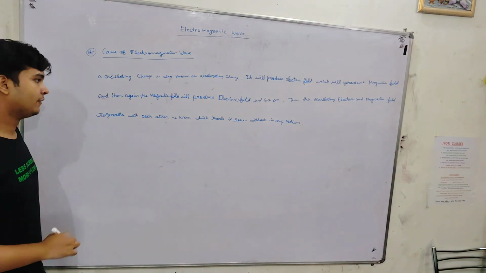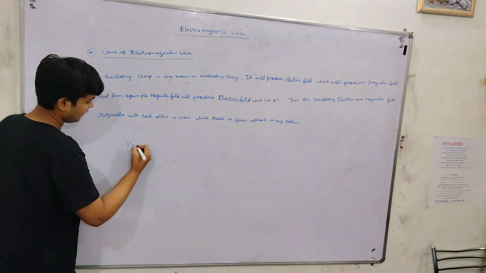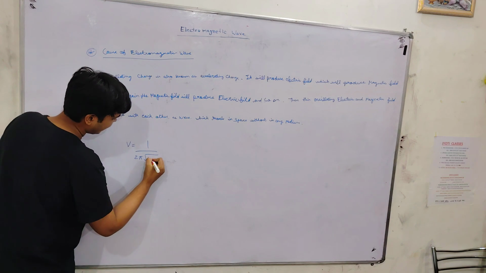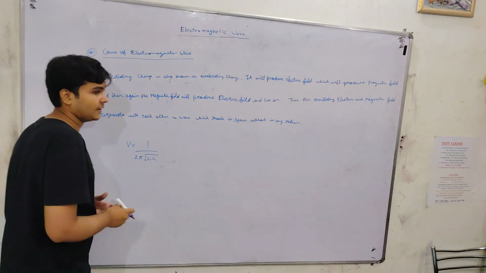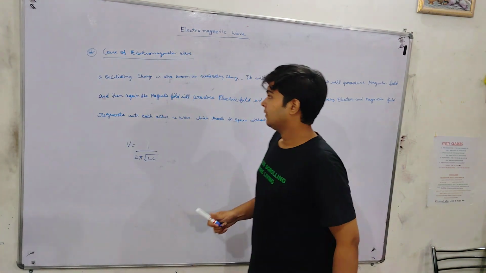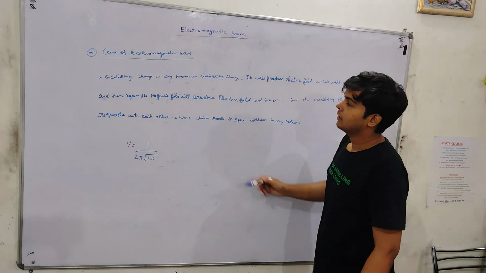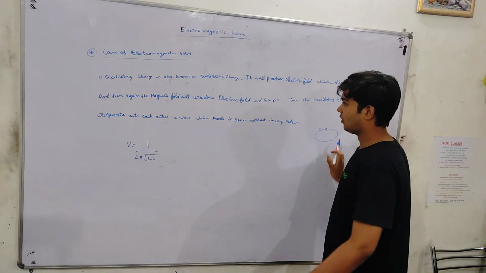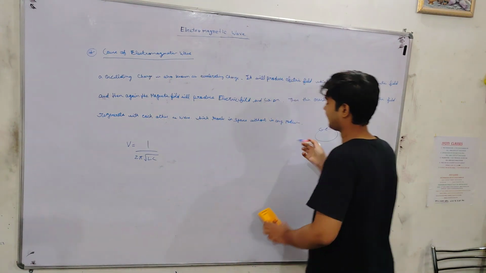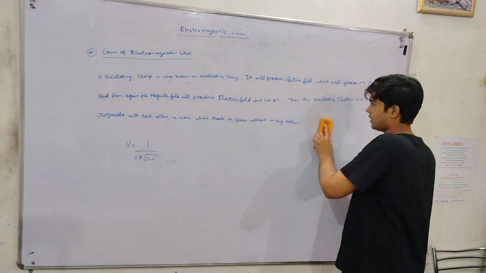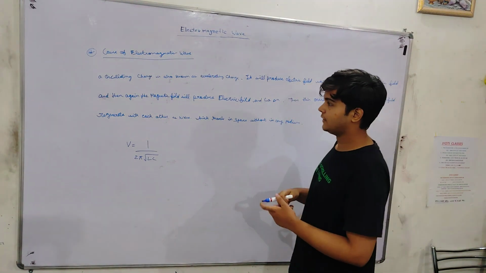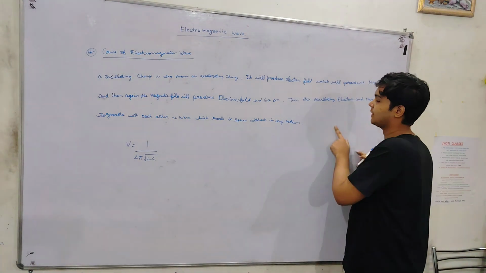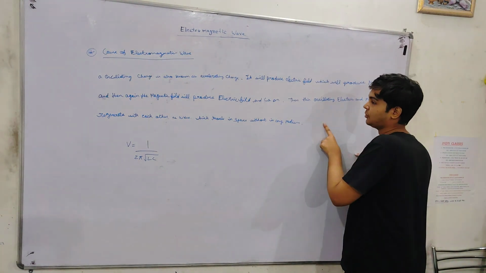The electromagnetic wave formula will be equal to the frequency formula only, 2 pi under root LC, inductance and capacitance. To summarize the cause: an oscillating charge, also known as an accelerating charge, produces an electric field around it, that electric field produces a magnetic field, and the magnetic field again produces an electric field.